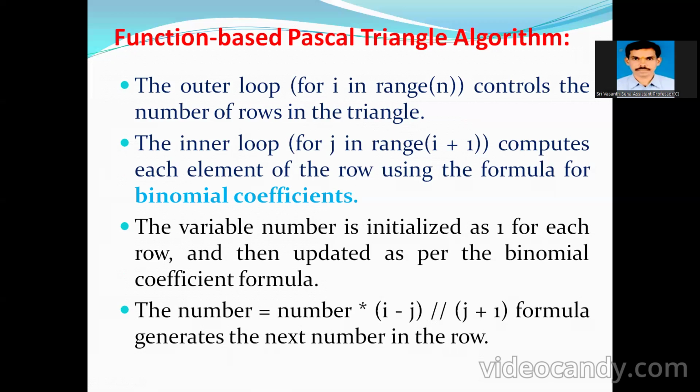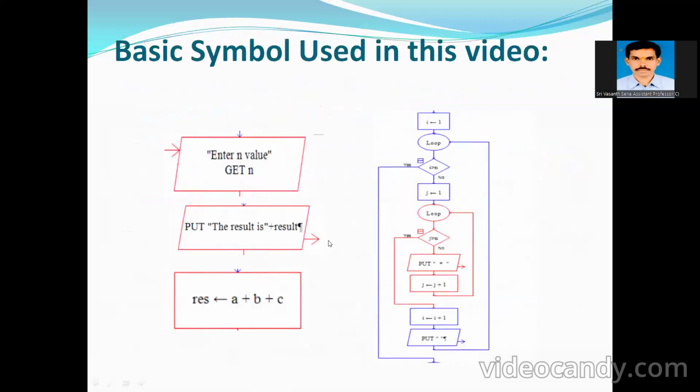The variable number is initialized to 1 for each row and then updated as per the binomial coefficient formula: number = number * (i - j) // (j + 1). This formula generates the next number in that particular row. This is the algorithm we use to generate the binomial coefficients.